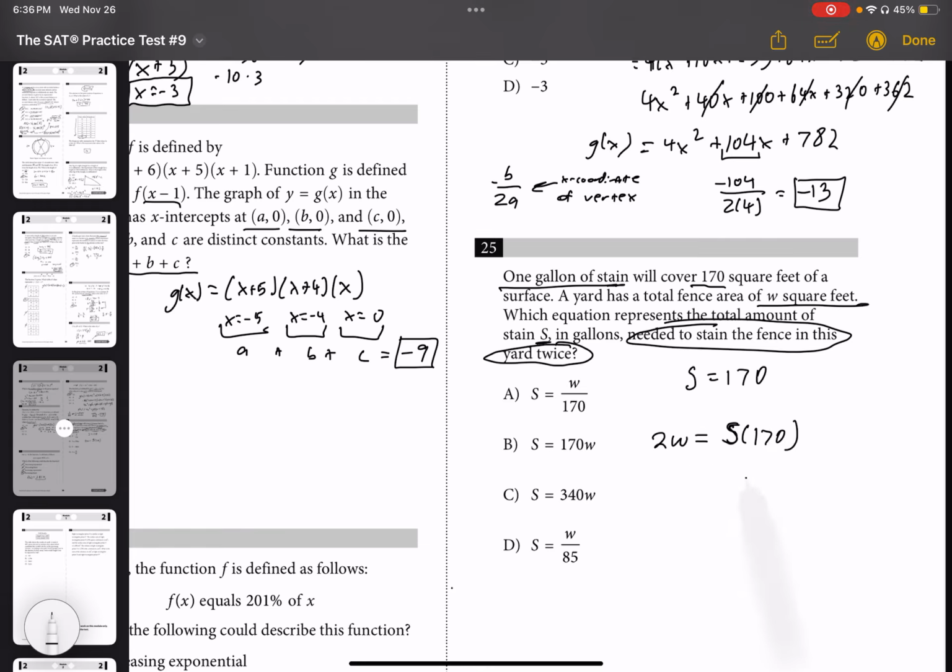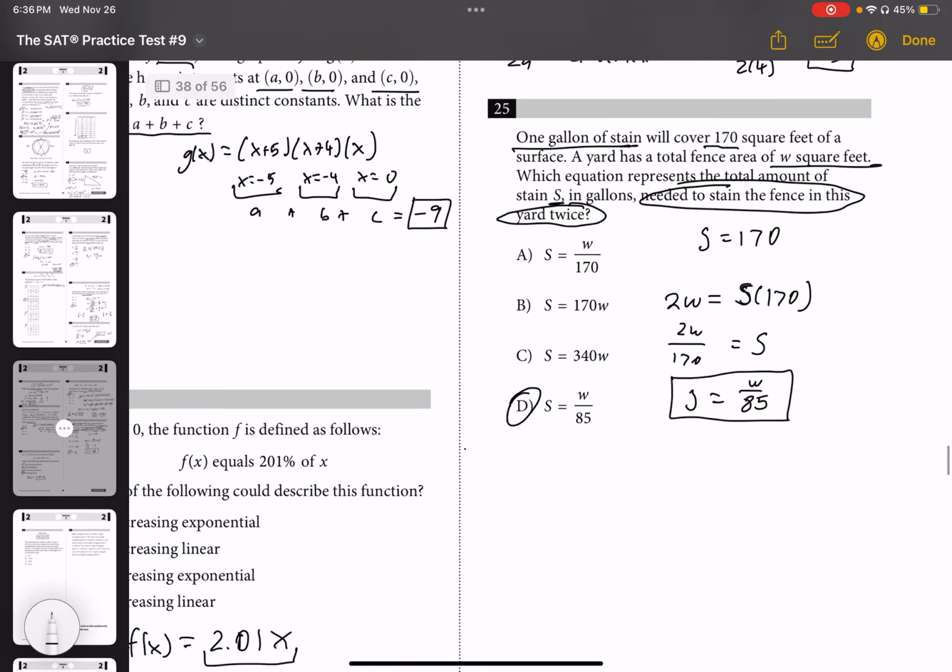So now, solving for S, we get 2W over 170, so S is equal to W over 85. And that is answer choice D.